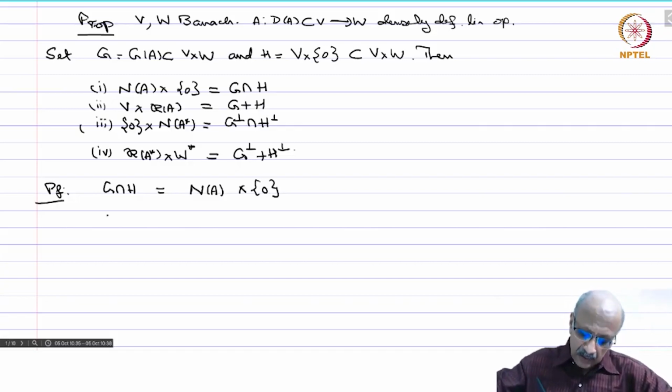Now secondly for G plus H. The second coordinate has 0 in H, so if you add anything you will only get the second coordinate of G of A, and that is in the range of A. So G plus H will be something cross range of A, and the first coordinate in H is V, so you will get V cross range of A. Similarly for 0 cross N of A star, you do the other two yourself, only you use the fact that J of G of A star equals G of A perp.